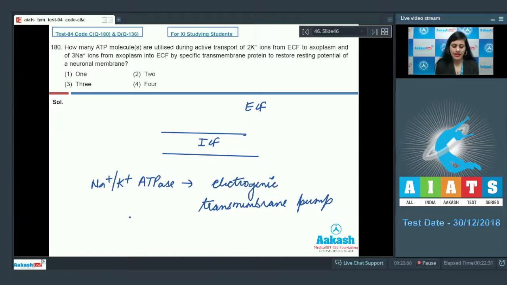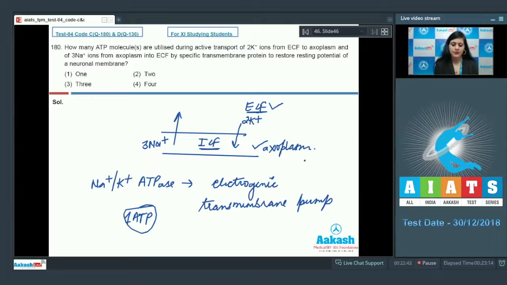This pump, by utilizing 1 ATP molecule, will pump 3 sodium ions from intracellular fluid to extracellular fluid and 2 potassium ions from extracellular fluid to exoplasm. So the correct answer to this question is option number 1, that is 1. 1 ATP molecule is utilized by the sodium-potassium ATPase pump. So the correct answer is option number 1.